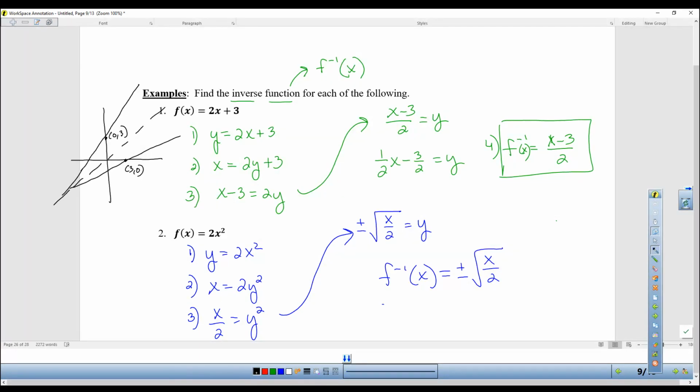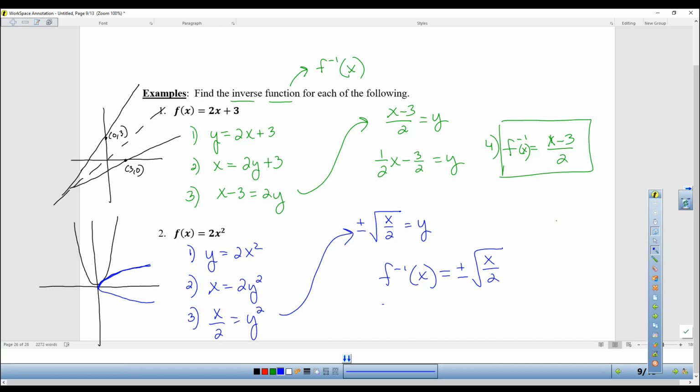So actually, I'll just tell you now while we're on this screen. This one is not going to have an inverse unless we do something, because right now 2x squared looks like that. And if I flip it to this new blue one, I'm going to get something like this. And this is not a function. It's a square root graph. Do you recognize this little square root piece? But then it's also the minus square root. And it doesn't pass the vertical line test.